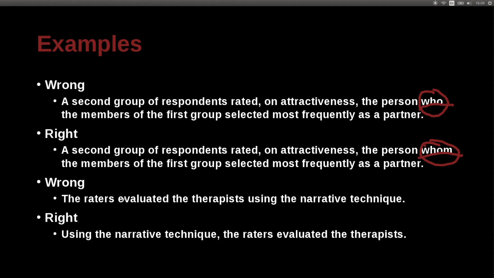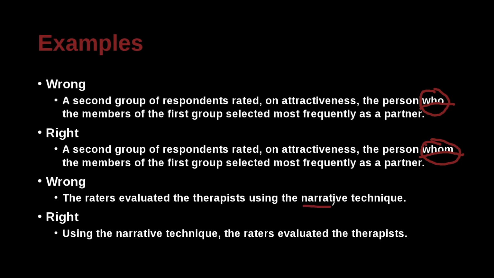Tough one. The raters evaluated the therapist using the narrative technique. Using the narrative technique, the raters evaluated the therapist. Now, why is this different? Well, here we've got narrative technique here, and here we've got narrative technique here. They were doing something, using something, and using something.